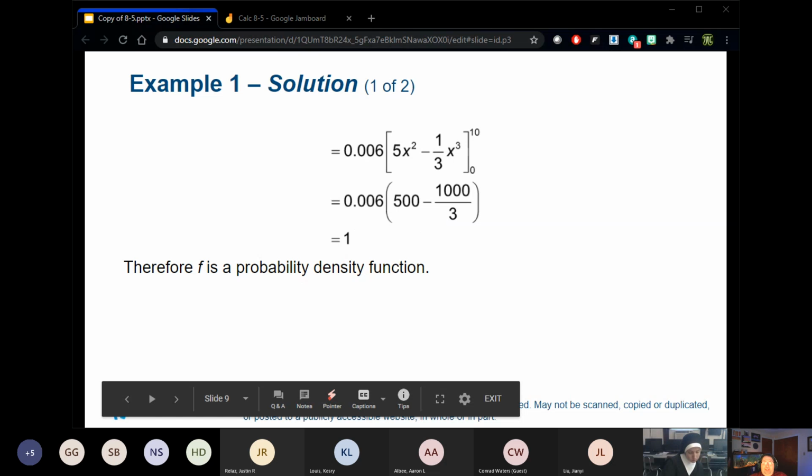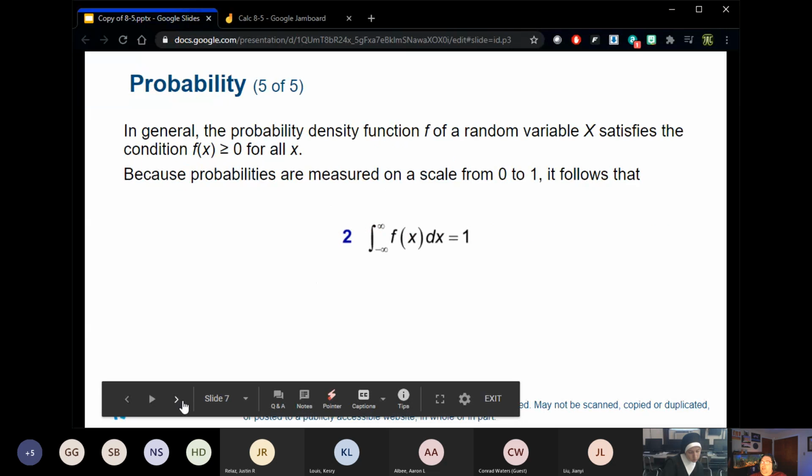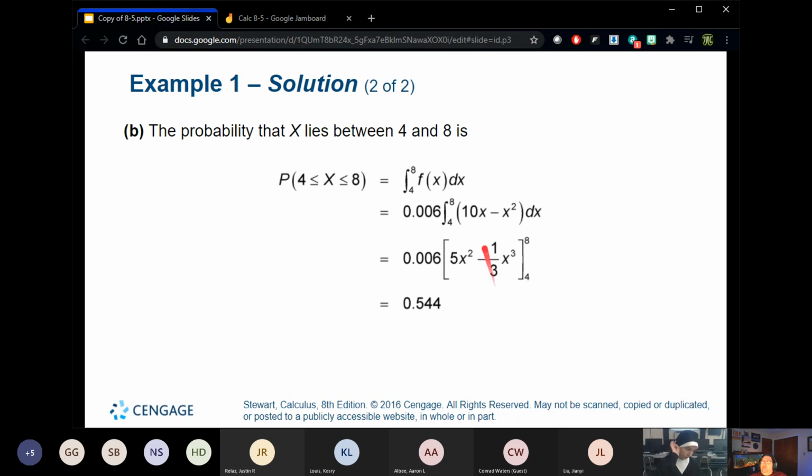Now that I know it's a probability density function, I can now do a calculation on it. The other thing they wanted us to look at was what's the probability for values between 4 and 8. So you're going to do the exact same thing, except my integration is now just going to be between 4 and 8.